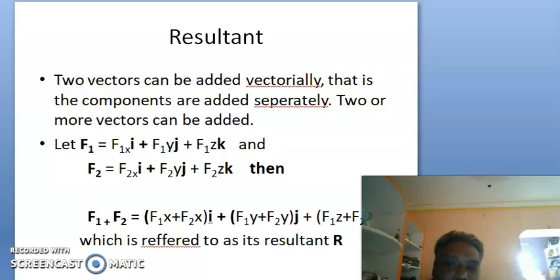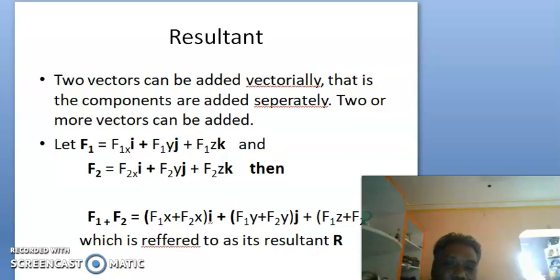For example, let us take F1 equal to F1x i plus F1y j plus F1z k, and F2 equal to F2x i plus F2y j plus F2z k.